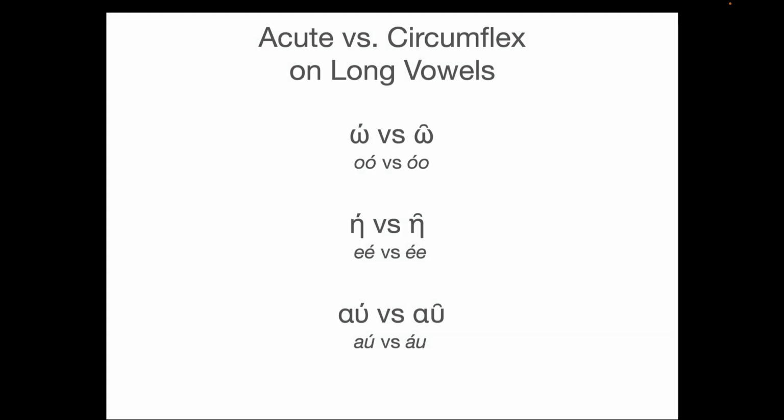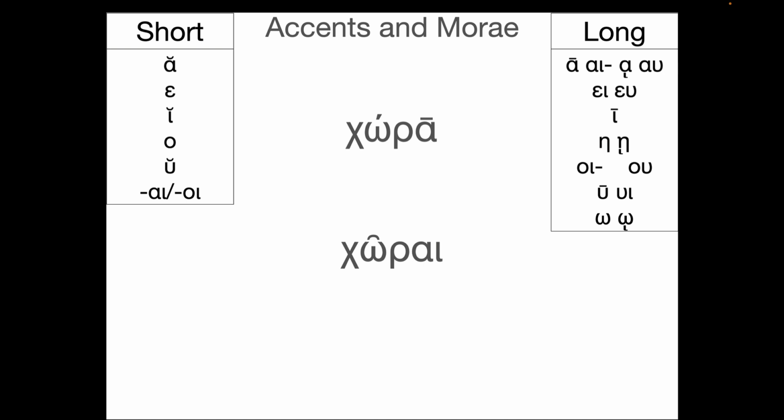The same thing for the eta and the same thing for the ou. And with that, you know everything you need to figure out tone, because when you're reading Greek words, the accent marks show you exactly what mora is carrying the high tone.